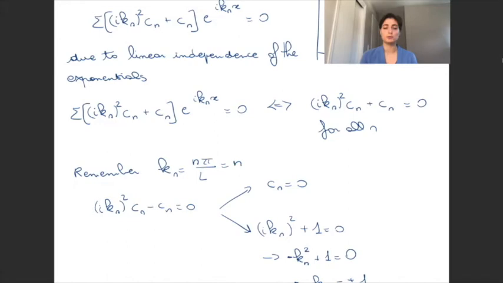Yeah, there is a minus sign that is wrong here. So if we solve that, we have kn equals plus or minus 1. What does this mean? That either we have kn equal to plus or minus 1, or we have Cn equal to 0.